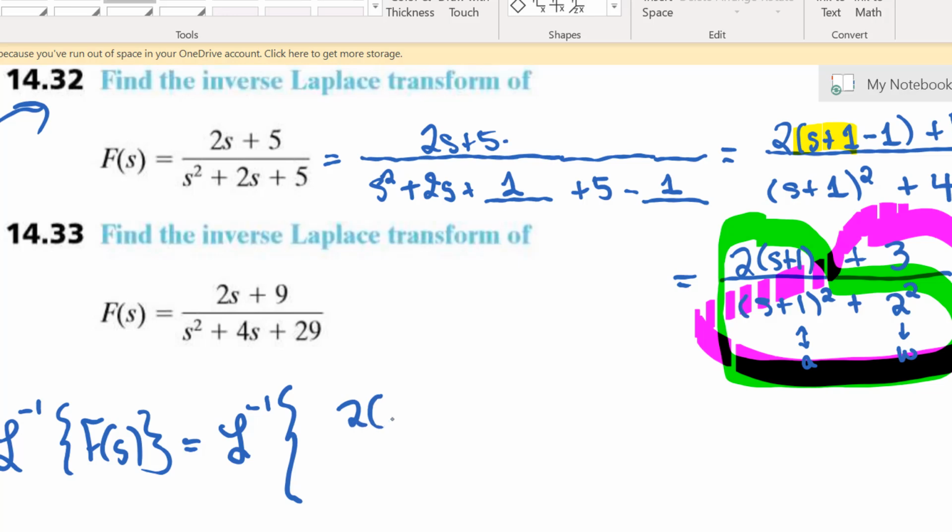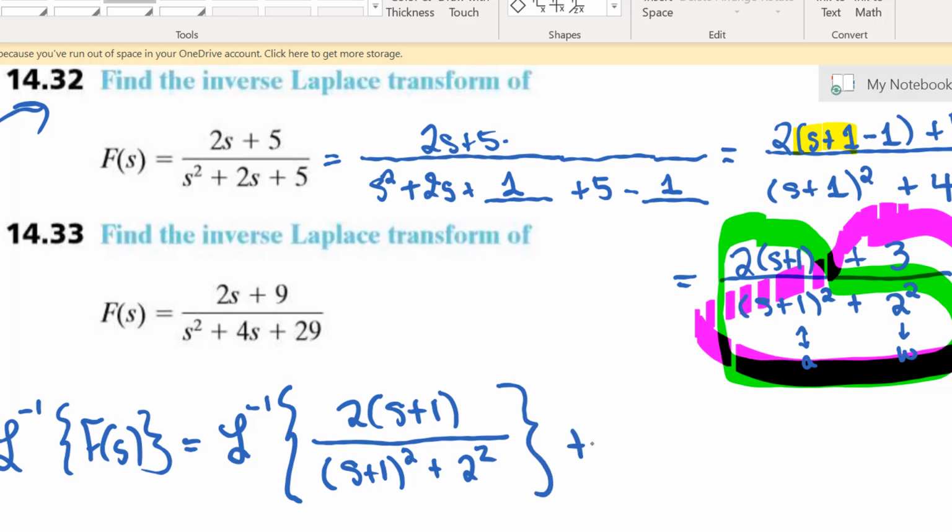So 2 times s plus 1 over s plus 1 squared plus 2 squared, plus the inverse Laplace of the part I circled in pink. 3 over s plus 1 squared plus 2 squared.